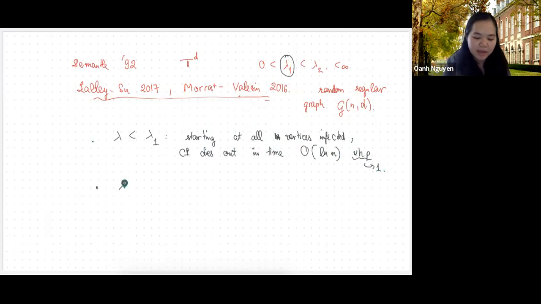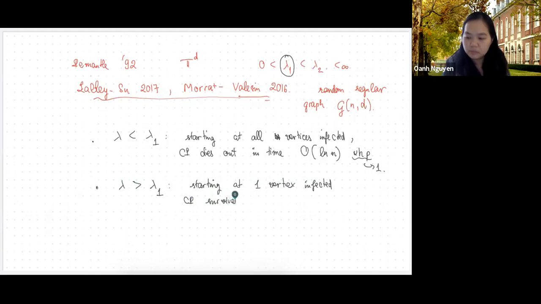And if lambda is larger than lambda 1, then the contact process starting with even just one vertex infected will still survive until e to the big theta of n with positive probability.